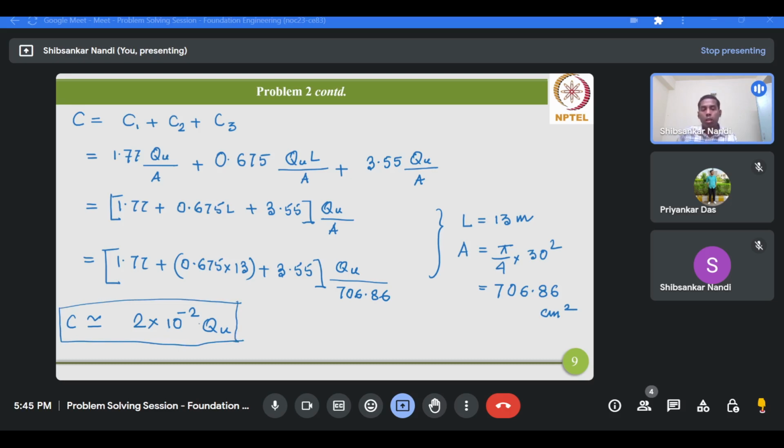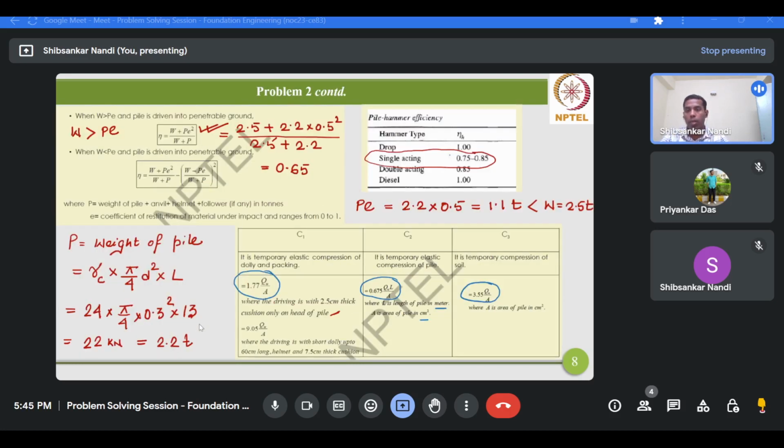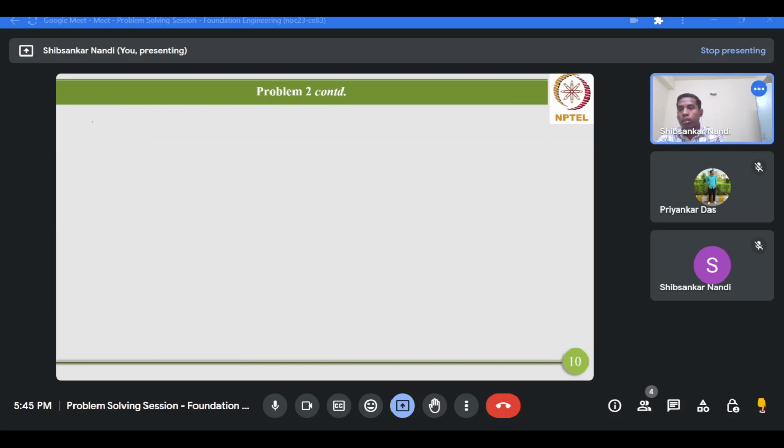Now we know all the parameters which are involved in the modified Hiley equation to calculate the safe pile load. First of all, ultimate pile load. Okay. Now what is the equation?